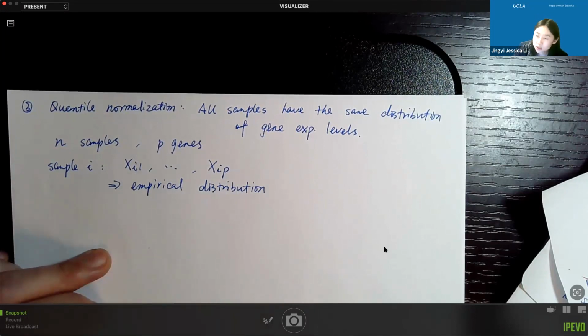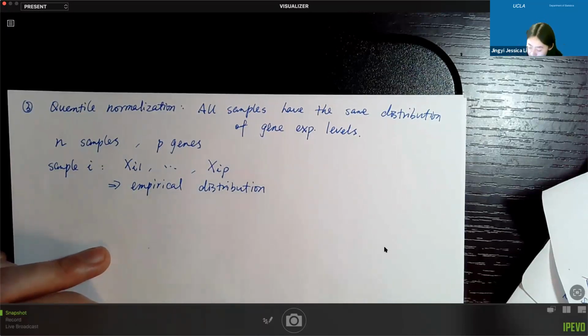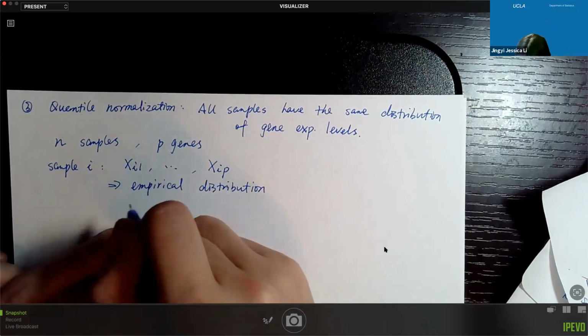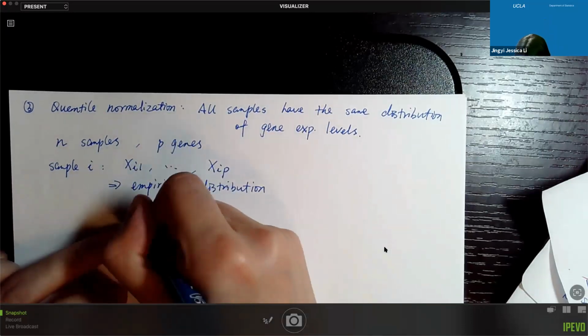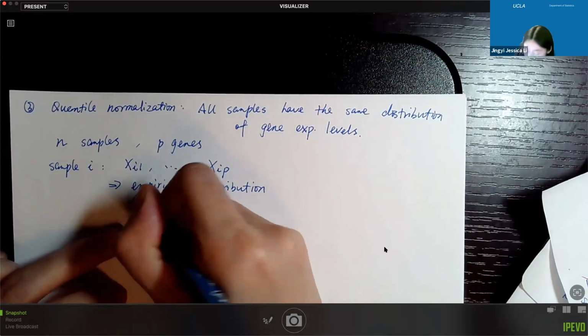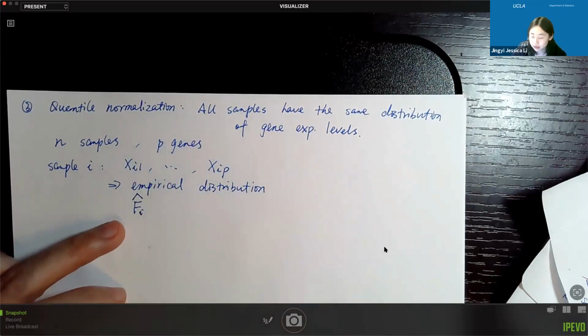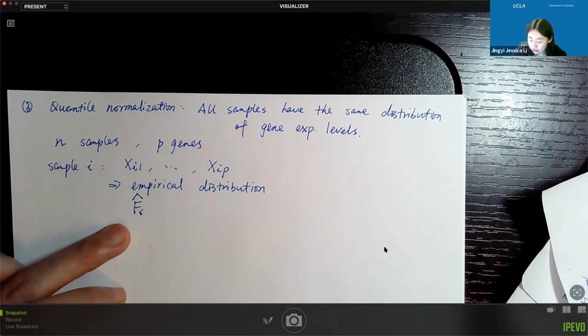You can plot that distribution using a histogram, like in R, or you can do a density plot, an empirical density estimation. That's another possibility. If I call this distribution F, usually in statistics we call this big F, and we give it a hat because it's an empirical CDF, and the i stands for sample i.